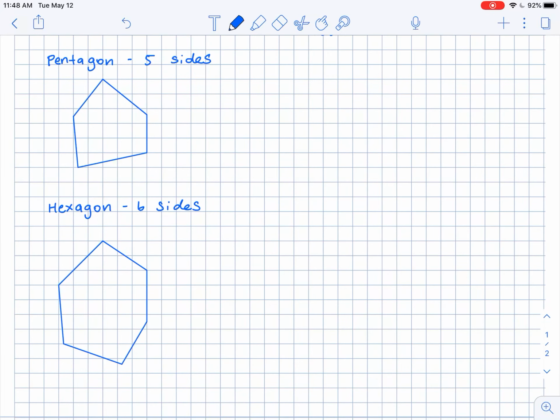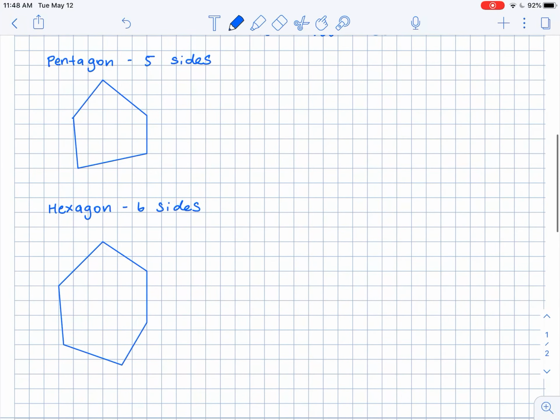Alright, so pentagon. How many triangles can we create? We could create 1, 2, and 3. So each triangle is going to give us 180 degrees from the sum of those interior angles.